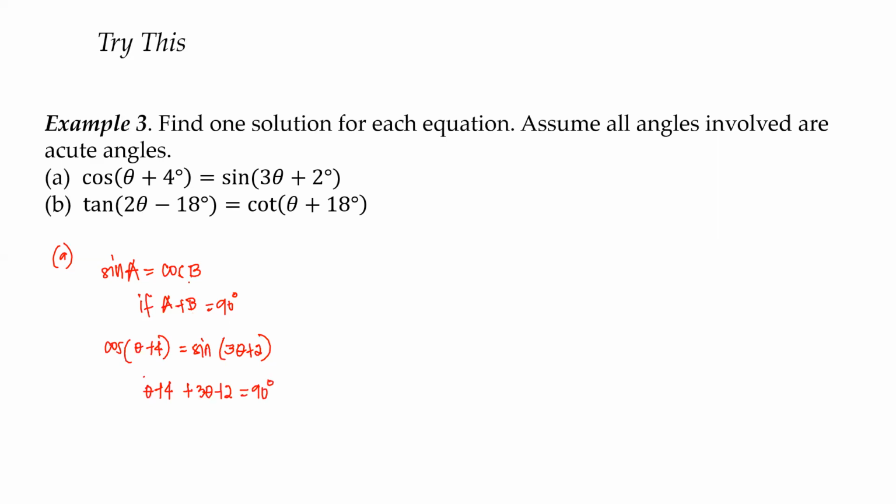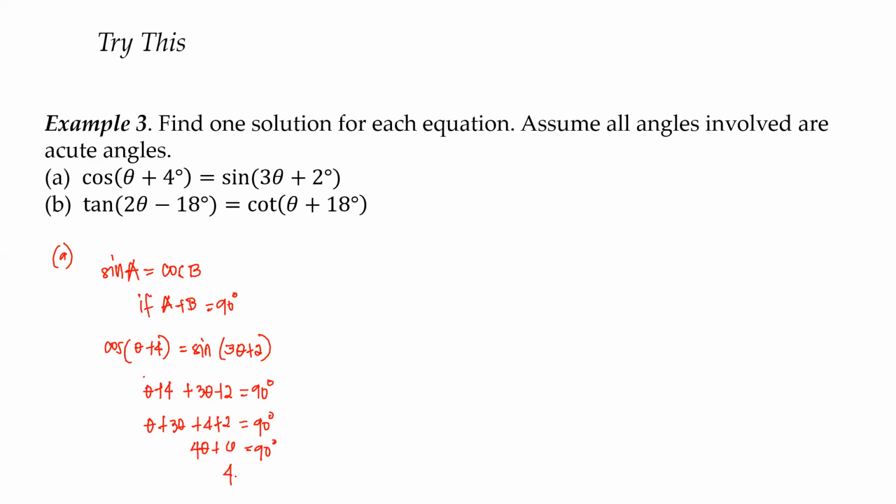We arrange like terms, so we have theta and 3 theta. That's theta plus 3 theta plus 4 plus 2 is equal to 90 degrees. 4 plus 2, that's 6. Theta plus 3 theta, that's 4 theta, equal to 90. Subtract both sides by 6.